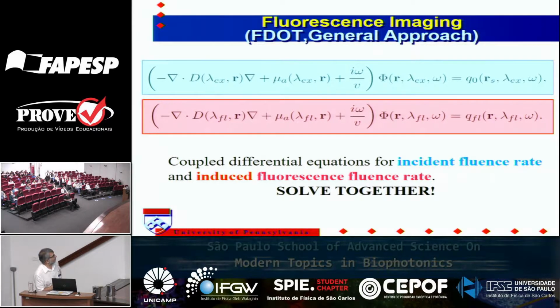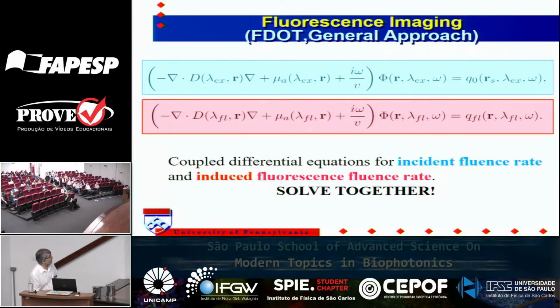But the problem is more complicated because remember, the fluorescence signal depends on a lot of things. It depends on you having fluorophore, or ICG in this case, at the tumor site. But it also depends on you getting light to that tumor site, okay? So you have to actually solve two problems. This is the problem for the excitation wave that you're sending into the medium from your laser. And there could be heterogeneities in the breast, right?